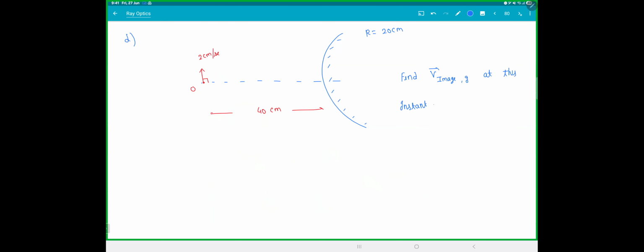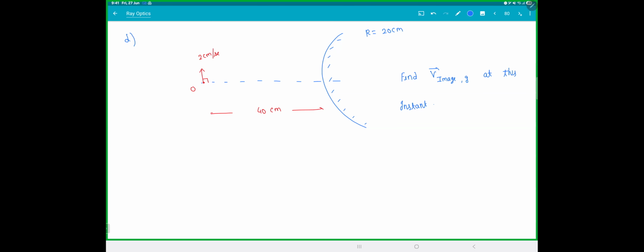There, let's get this. So this time the object is going perpendicular to the principal axis. This will be a decent question.